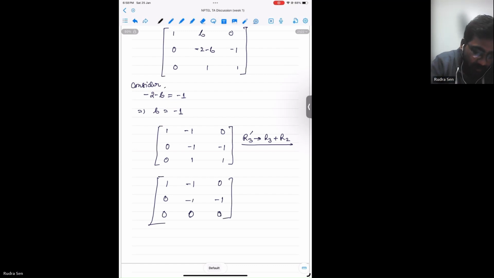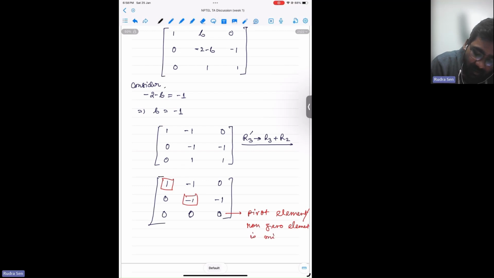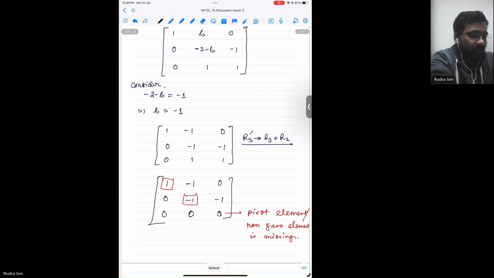There is a pivot element in the first row and in the second row, but in the third row the non-zero element is missing. So if we choose b equals minus 1, we get this scenario, and we will not get a pivot in every row.